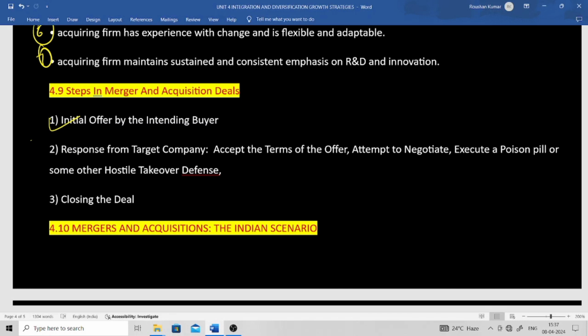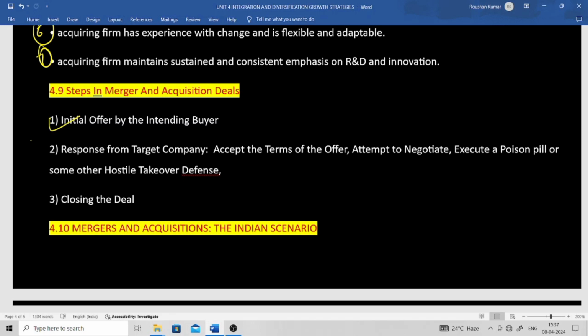When a company decides to go for a merger or acquisition, it starts with a tender offer, meaning the acquiring company makes an offer to the target company. The tender offer is then frequently advertised in the business press, stating the offer price and the deadline by which the shareholders in the target company must accept or reject it.